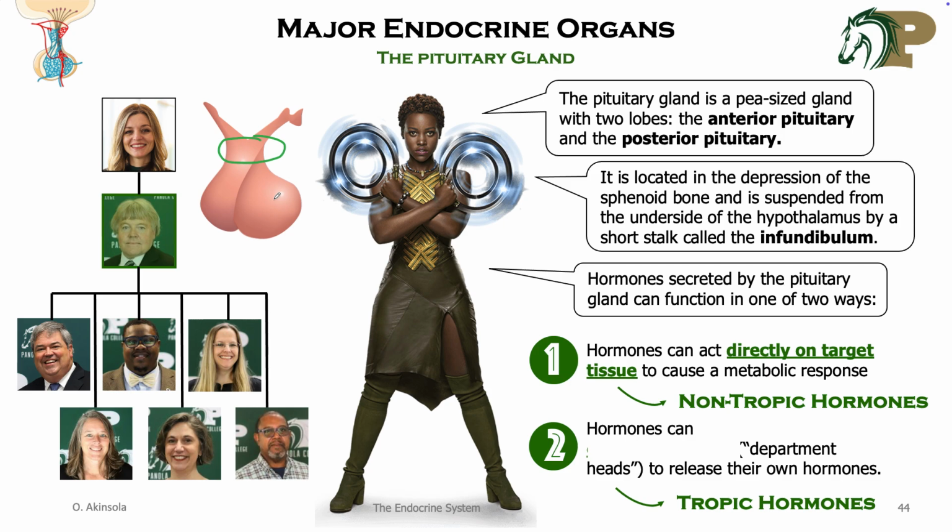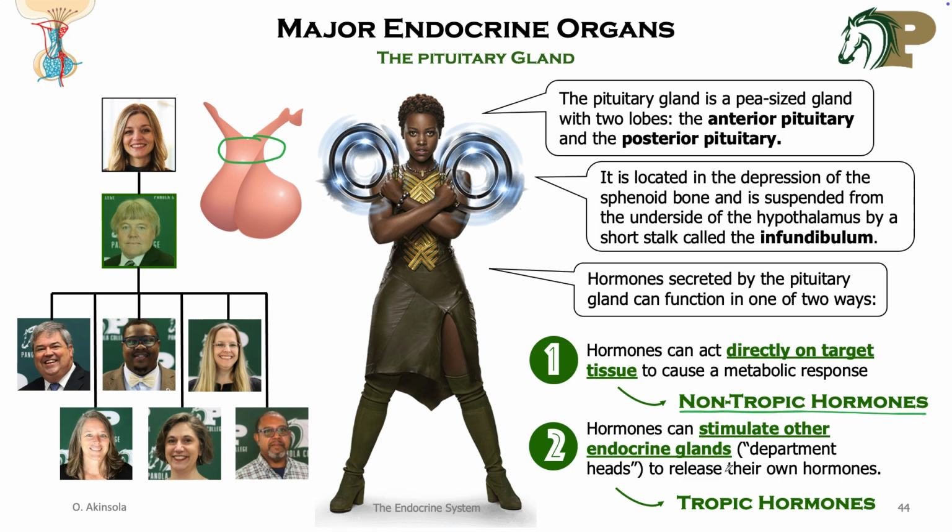The other type of way a hormone can function is to stimulate other endocrine glands, which are the department heads, to release their own hormones. We call these tropic hormones. So just to recap, if a hormone released by the anterior pituitary acts directly on tissue, so it's not acting on an endocrine gland, it's acting directly on a particular tissue, that hormone is classified as non-tropic.